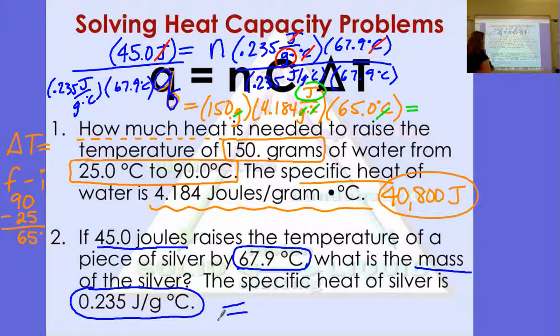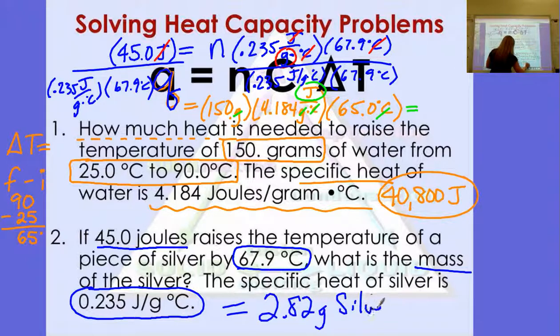And my answer is going to be, again, in grams, and you should get 2.82 grams of silver.